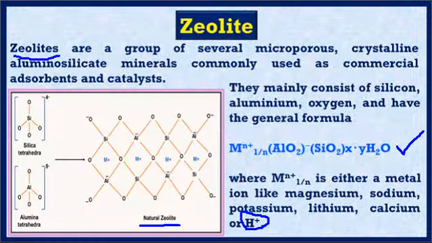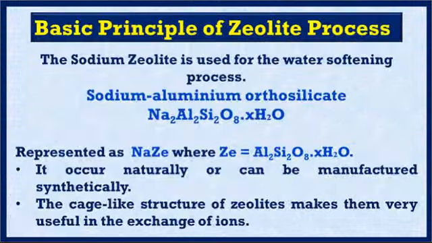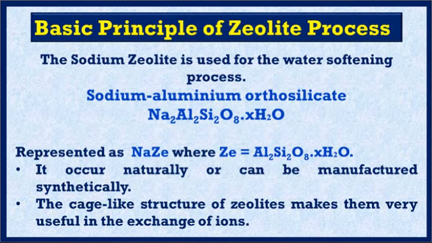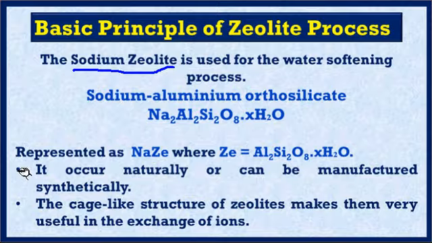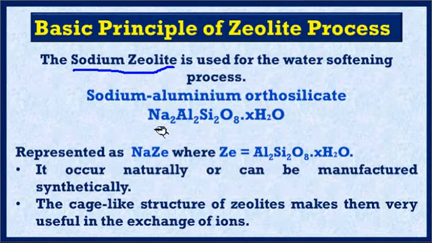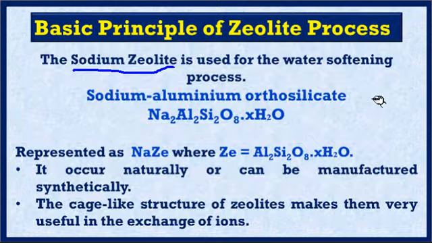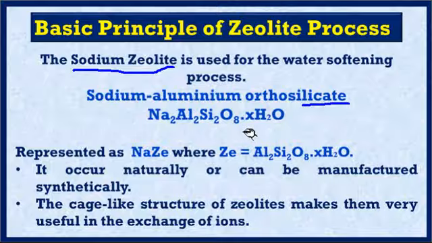Now the question comes to our mind: which type of zeolite is used for the water softening process? So the answer is here. For the water softening process, sodium zeolite is used, and sodium zeolite is sodium aluminium orthosilicate with the formula Na2Al2Si2O8 dot XH2O.